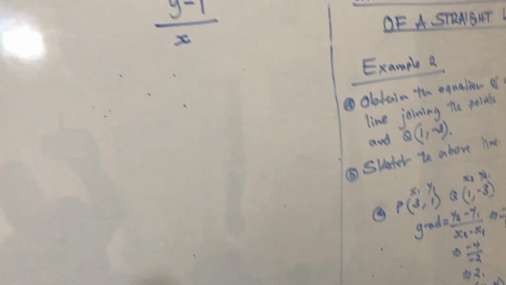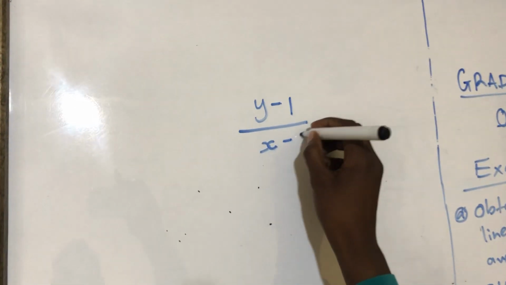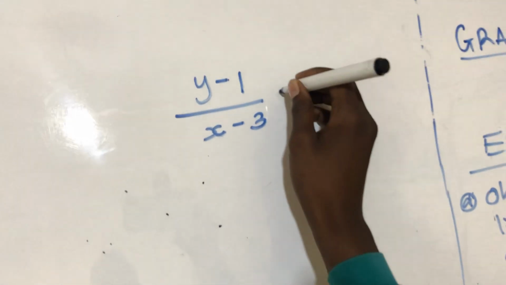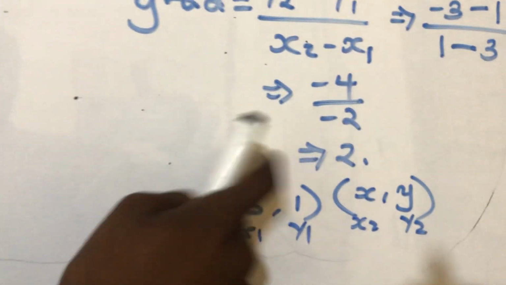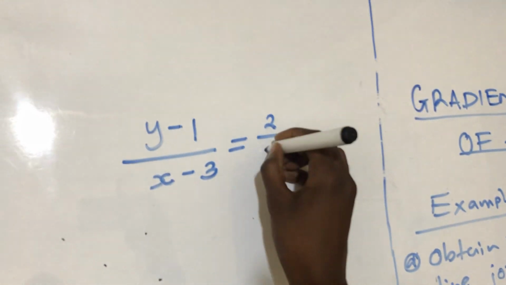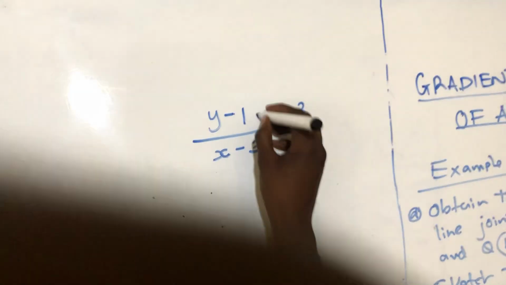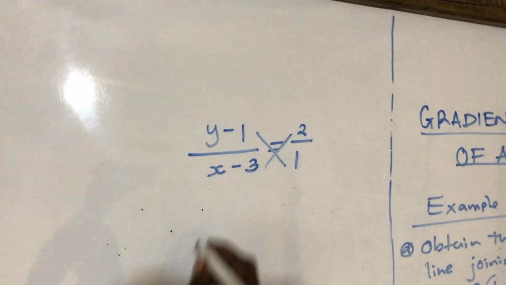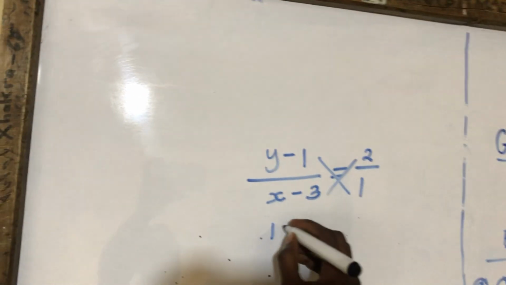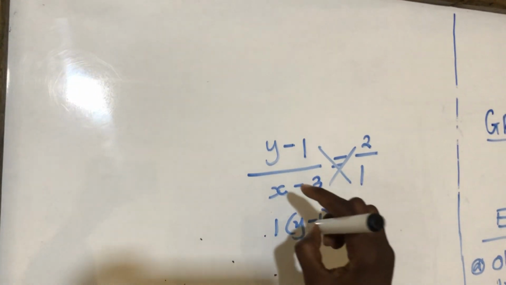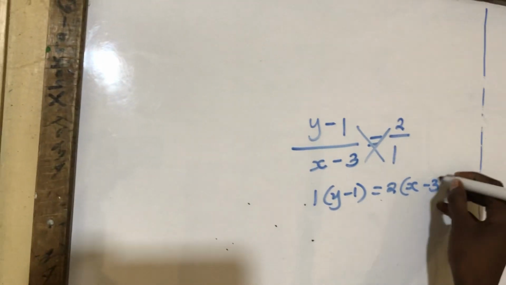I will again subtract x1, which in this case is 3. This should give us a gradient which we already know is 2. Allow me to put it over 1 for purposes of cross multiplication. So I will cross multiply. The 1 will be multiplied by y minus 1. Then the 2 will be multiplied by x minus 3.